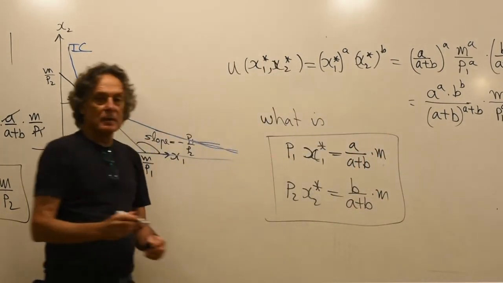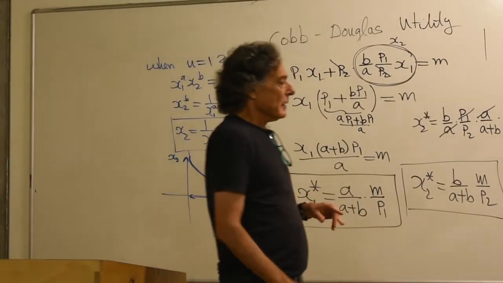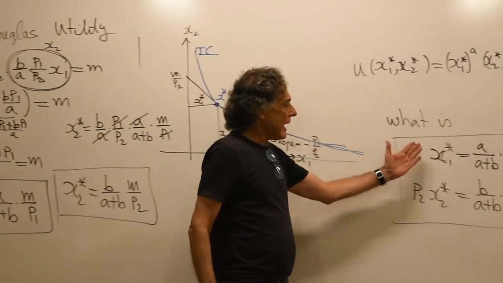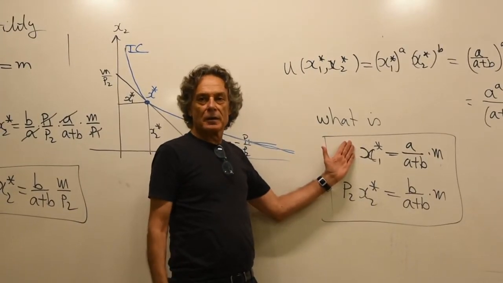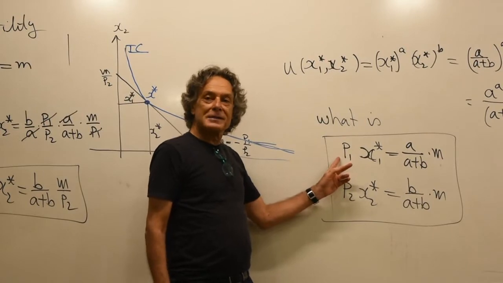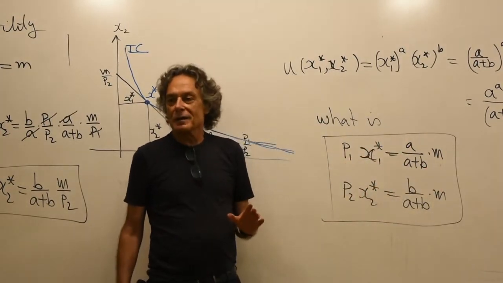And this has an interesting meaning, and let me explain what it is. x1 star is how many units I buy of x1. When I multiply by the price, this is my expenditure just for good number 1.